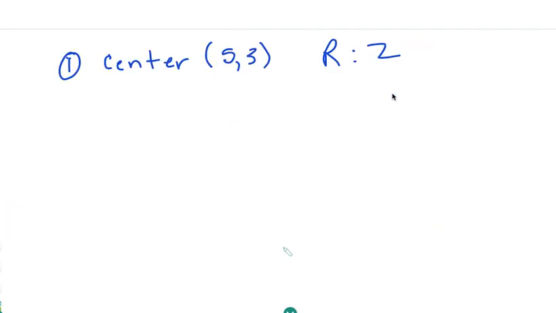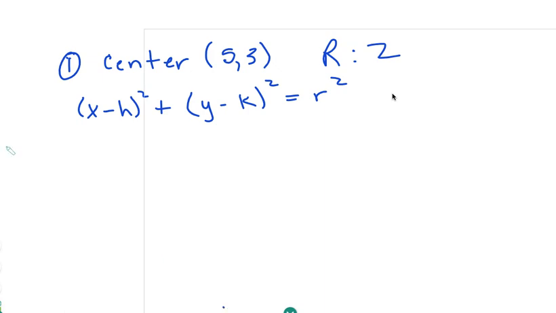So we're going to start with our first example, and we're going to write our formula. (x - h)^2 + (y - k)^2 = r^2. Now we're going to go ahead and label our center. So our center is (h, k).